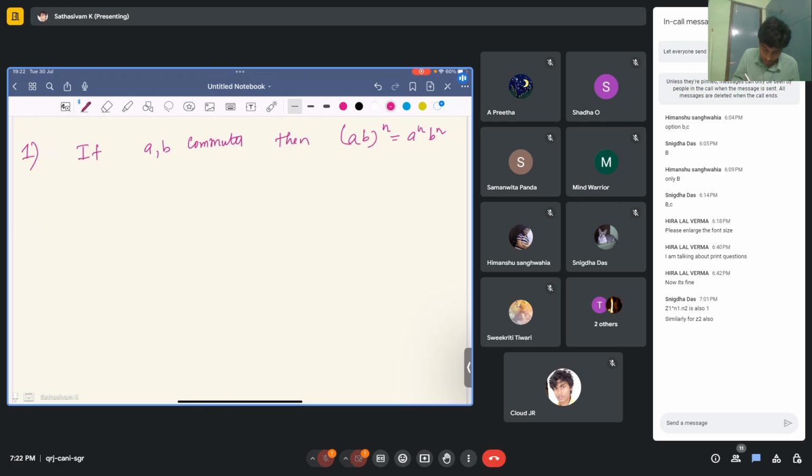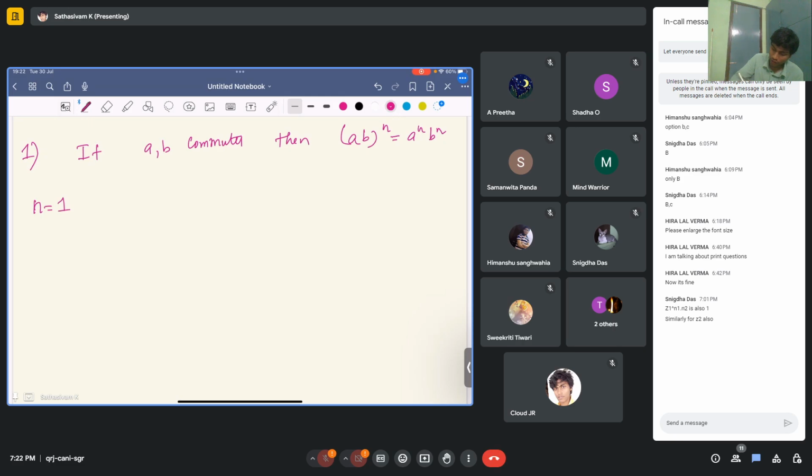Okay, when we are proving something by induction, something that holds for all n, then we always go with induction on n, right? That is a standard technique, and here also we use induction on n. So the base case is n equal to 1.